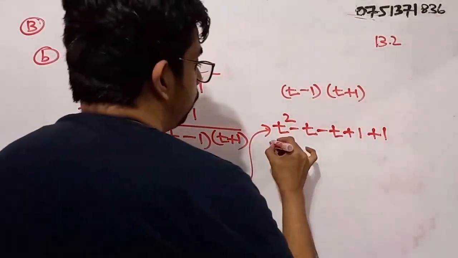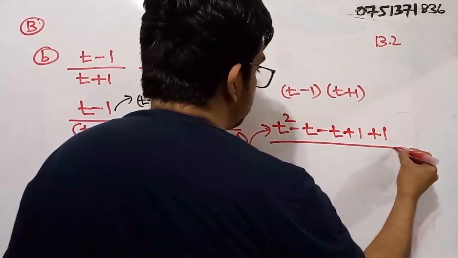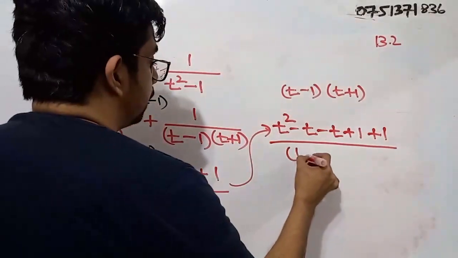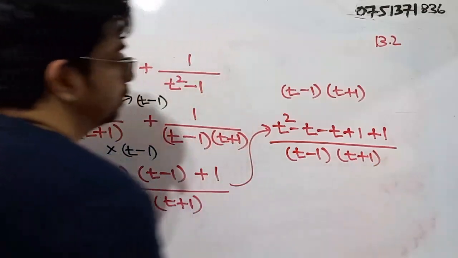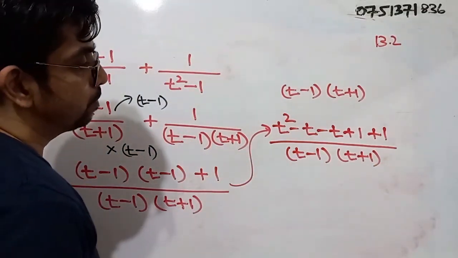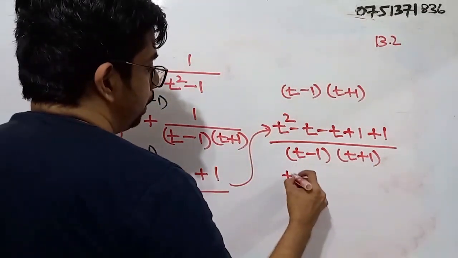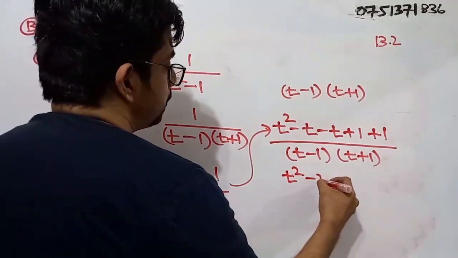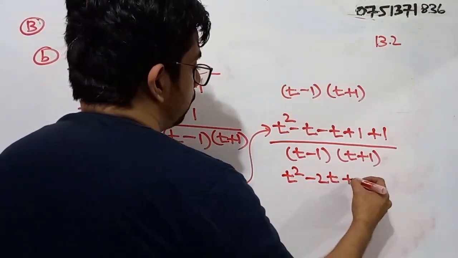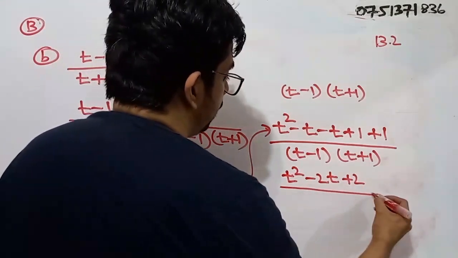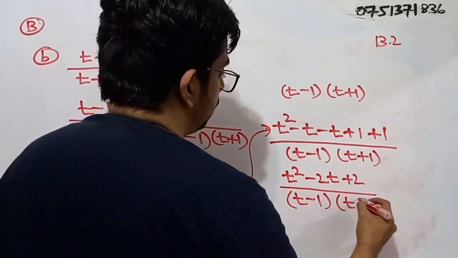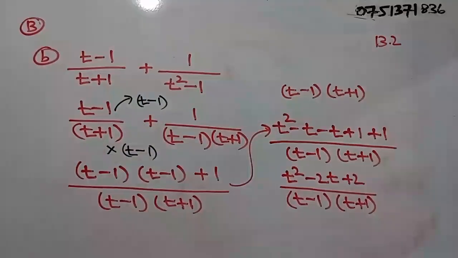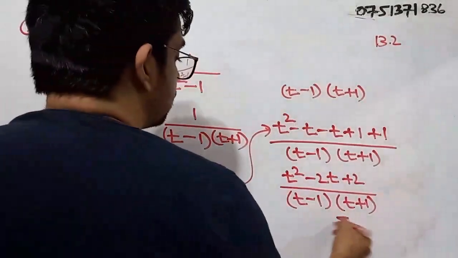Now the entire expression needs to be divided by (t minus 1)(t plus 1). So here we can do some simplifications. We have t squared minus 2t plus 2, the entire expression divided by (t minus 1)(t plus 1). So this should be the answer.